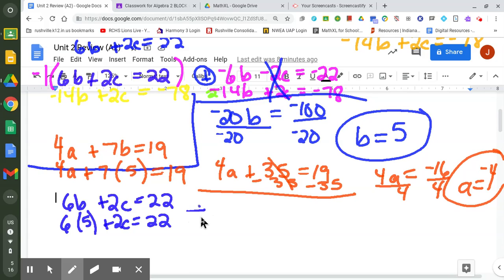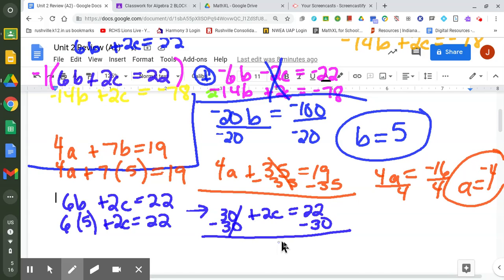So now I have 30 plus 2C equals 22. Going to subtract 30 on both sides of the equal sign. So 2C and then 22 minus 30 should give me negative 8. Divide by 2, divide by 2, C equals negative 4.